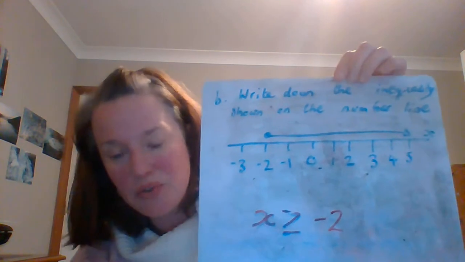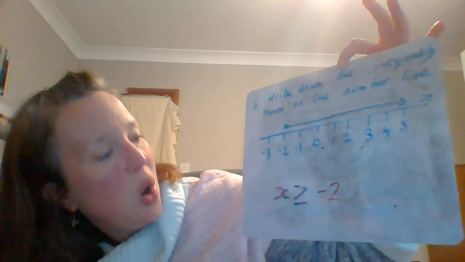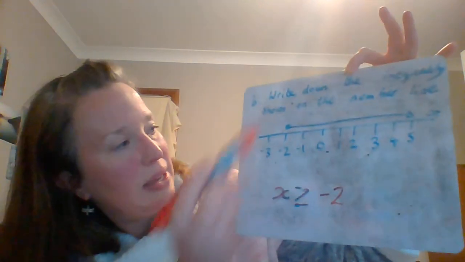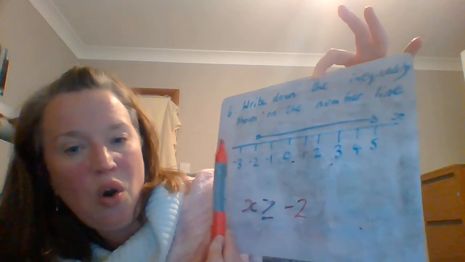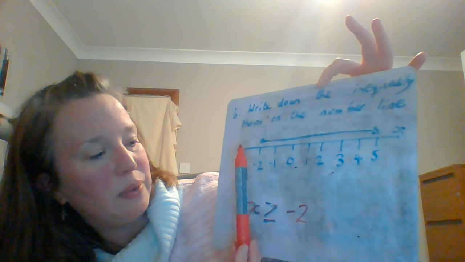Okay, right, moving on. We had another two questions that I'm going to talk through. This was B, question 5, and it says, write down the inequality shown on the number line. Now I've given you this answer just now. What it's asking you for is the range of numbers in between those two points.